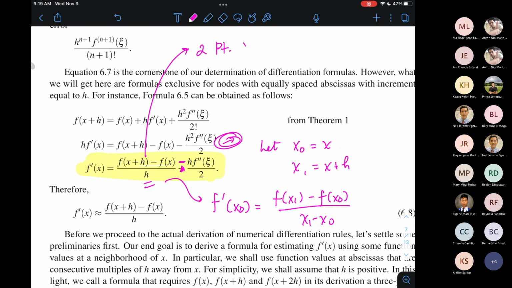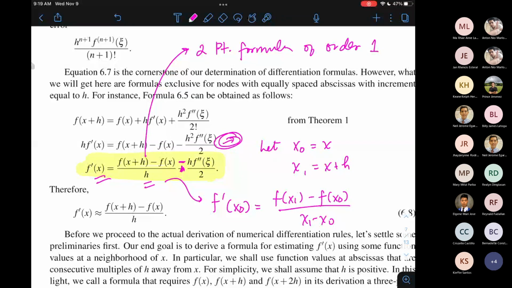Ito ay two-point formula. Kasi gumamit ka ng dalawang points para magkaroon ng estimate para kay f prime. Ano yung dalawang points na ginamit? Ginamit mo yung function value kay x plus h, tas ginamit mo rin yung function value kay x. So, it's a two-point formula. And it is said to be of order 1.